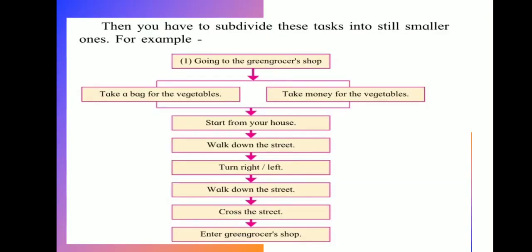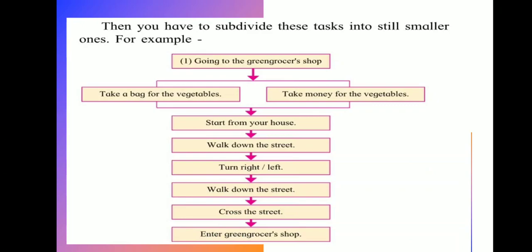Then you have to subdivide these tasks into smaller tasks. For example, going to the greengrocer shop. First thing you have to keep in mind is to take a bag for the vegetables. And also you need to pay money to the vendor, so you need to take money. After that, you start from your house. That is, you go out of your house. Walk down the street.